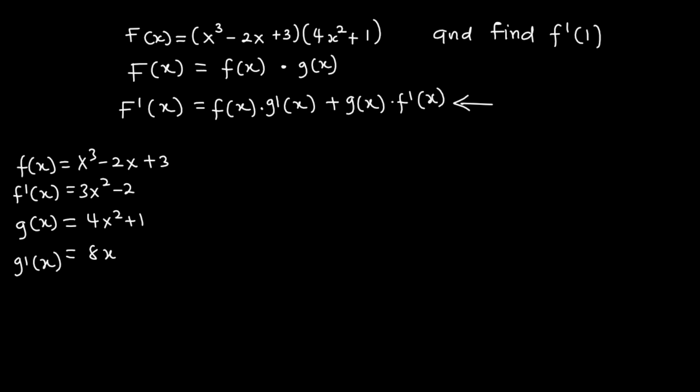From the general formula, we're going to have F prime of x equal to f of x, which we know to be x cubed minus 2x plus 3, multiplying g prime of x, which is 8x, plus g of x, which is 4x squared plus 1, multiplying f prime of x, which is 3x squared minus 2.